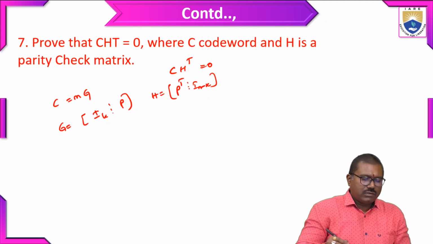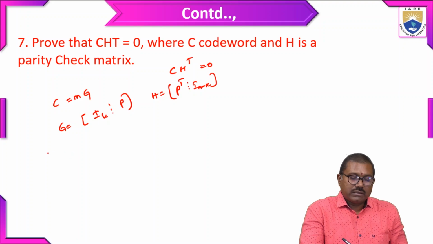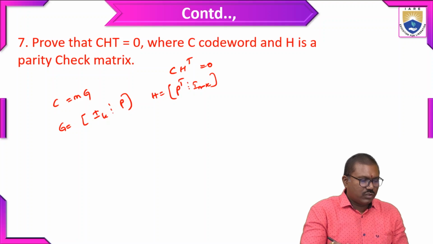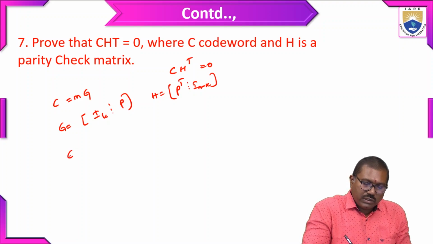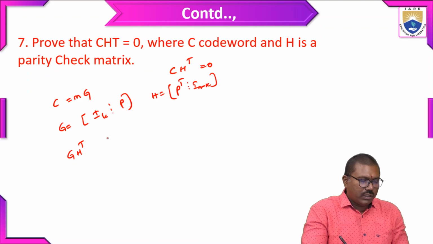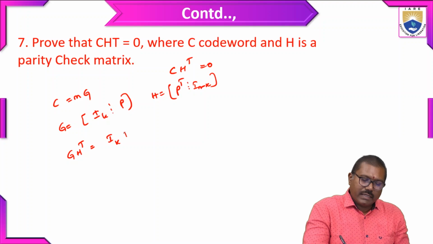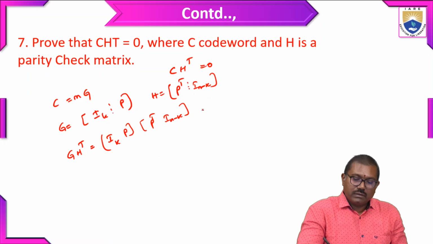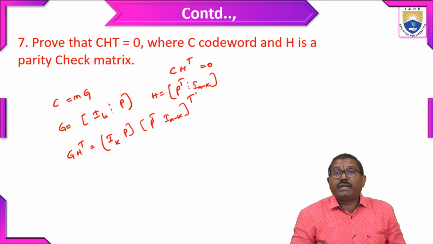Okay. So here C into H power T, C H transpose is equal to 0. So what does C contain? M into G. Okay, so here first G H power T we are doing, that is equal to I_K P times P transpose I_(n-k), and again this one P transpose.